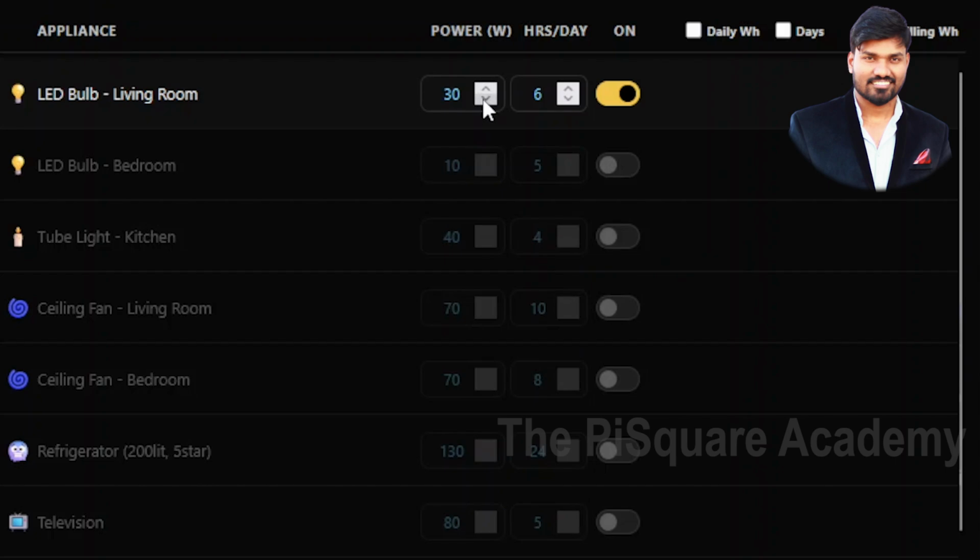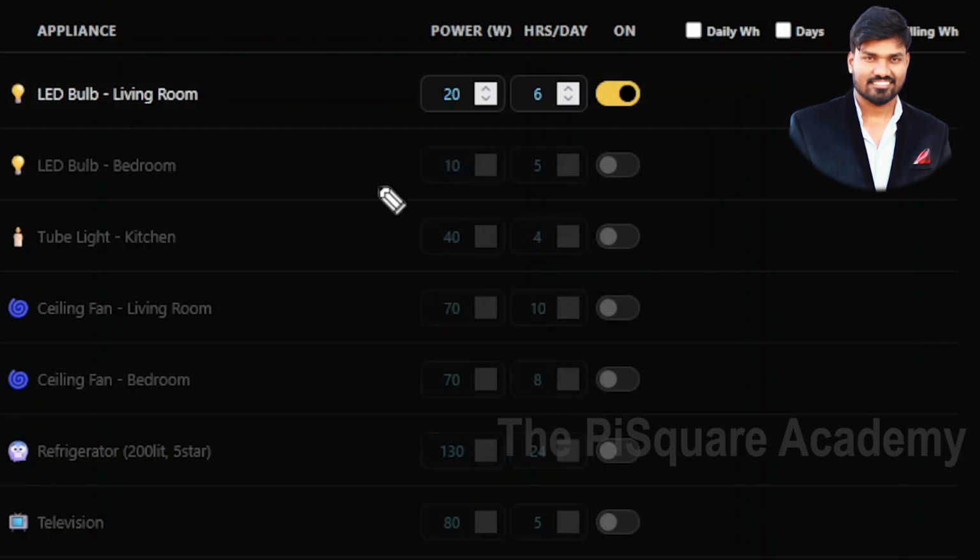So I am using a 20 watt bulb and I will use it 6 hours in a day. If you do the math, 20 into 6 watt hours per day, this will be the energy consumed, because watt is power, and watt into hour, watt hour, is energy.